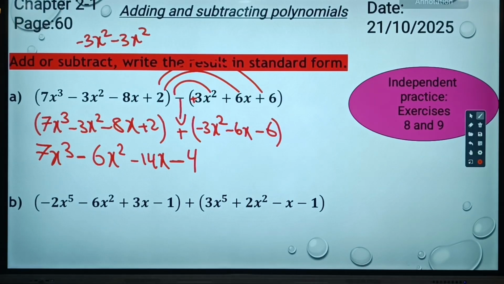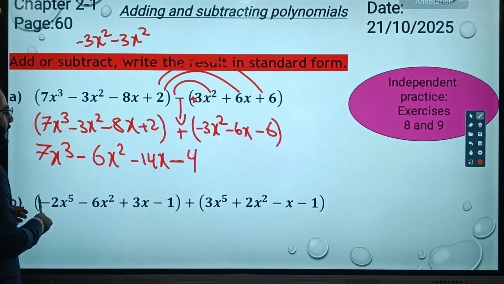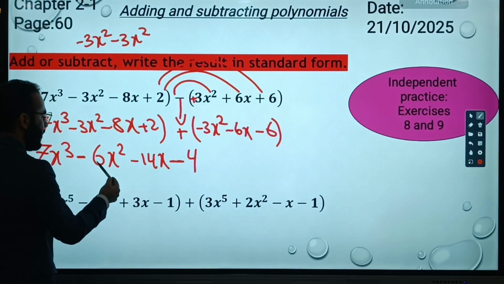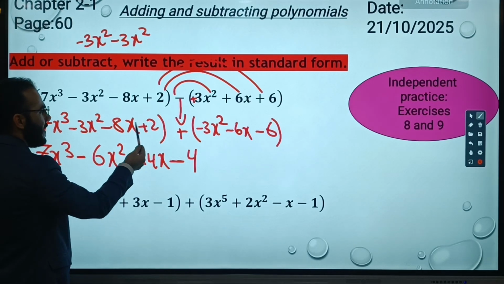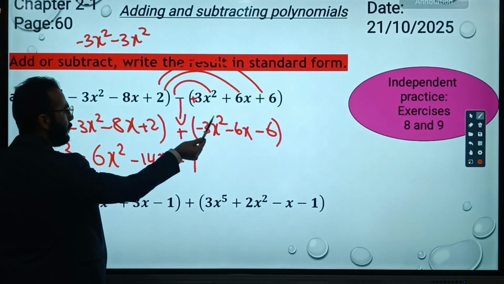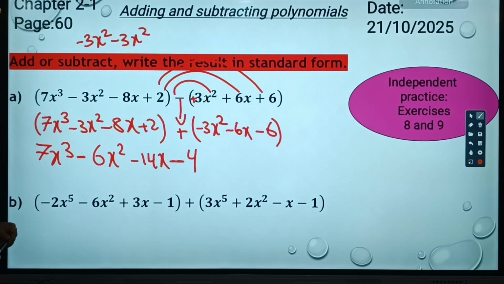So look, 7x cubed, no friend for this one. Negative 3x squared with negative 3x squared together, negative 6x squared, negative 8x with negative 6x, negative 14x, 2 minus 6, negative 4. And it's already in standard form, fortunately.